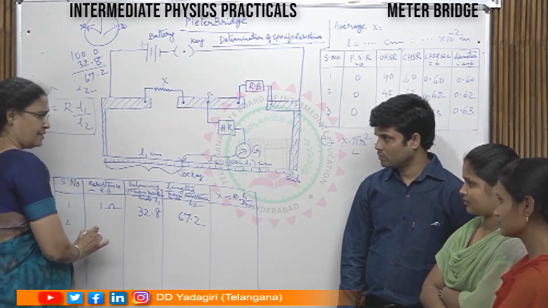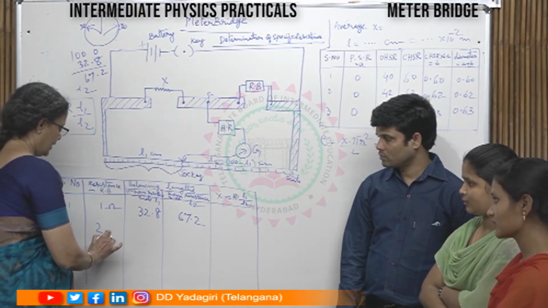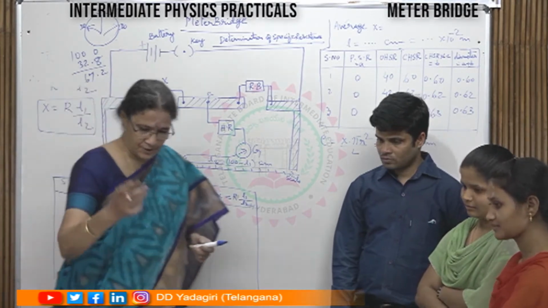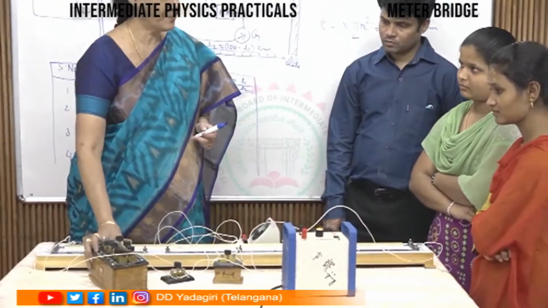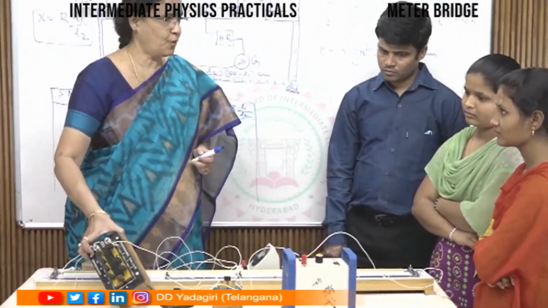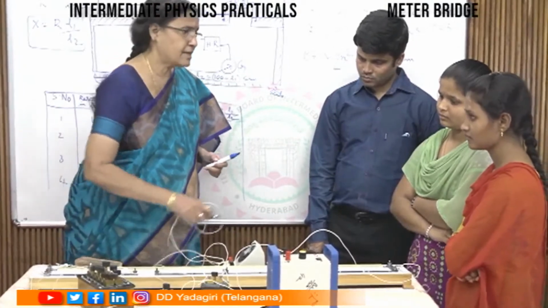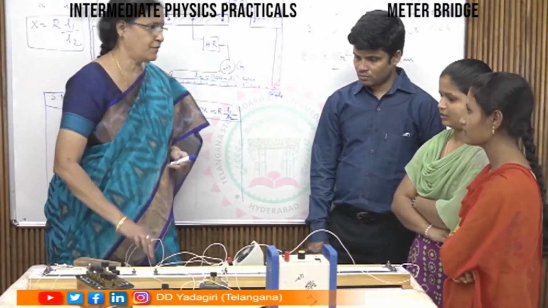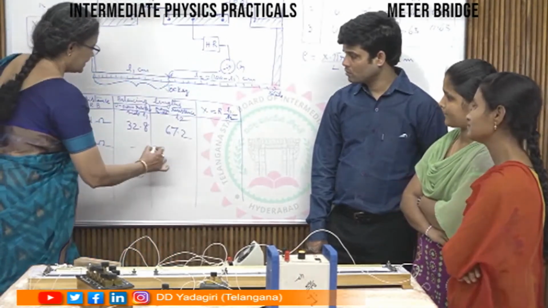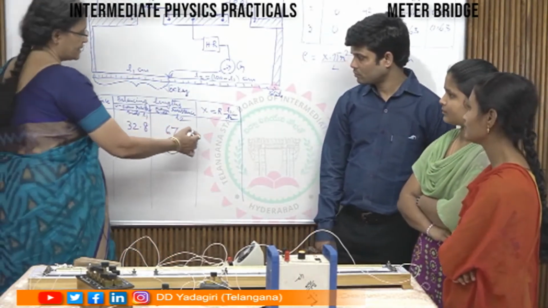Now, for the next reading, you apply 2 ohms. You keep this plug back in the 1 ohm socket. Just keep the 2 open and again test on the meter bridge wire where you are getting zero deflection. Note down those readings here. Now what is X equal to?